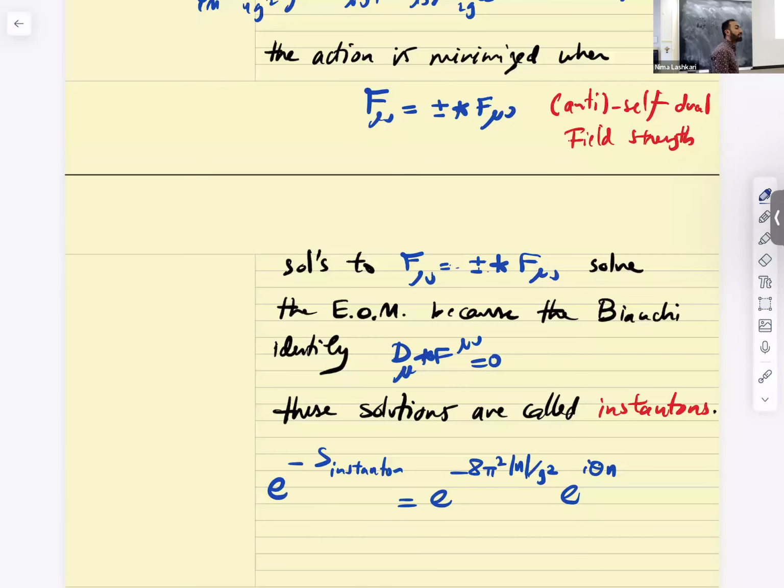It only captures the classical. How many derivatives are there? This is a first derivative equation. Correct. Solving a first derivative equation is significantly easier. This is an incredibly valuable trick.